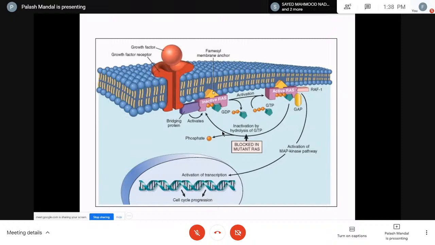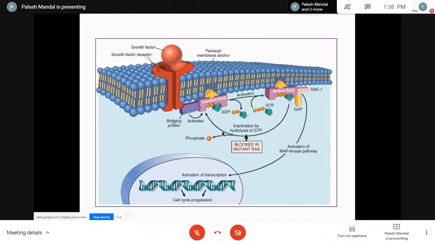So it is anchored, it is adhered to the inner aspect of the plasma membrane. This is the inner layer of the plasma membrane. We know that it's a phospholipid bilayer membrane, and the inner aspect is this. The inactive RAS is attached to the inner aspect with this anchor, and it is bound to GDP, guanosine diphosphate.